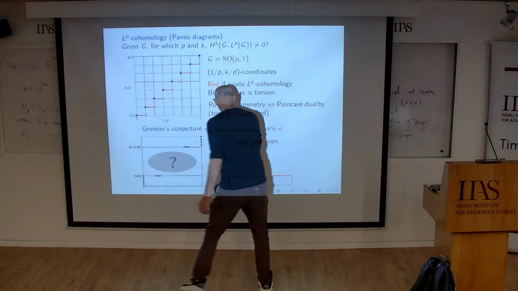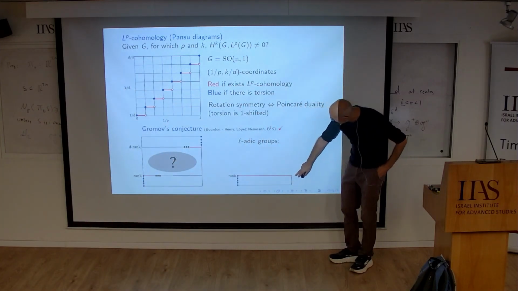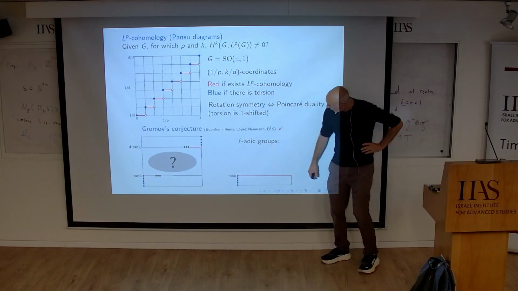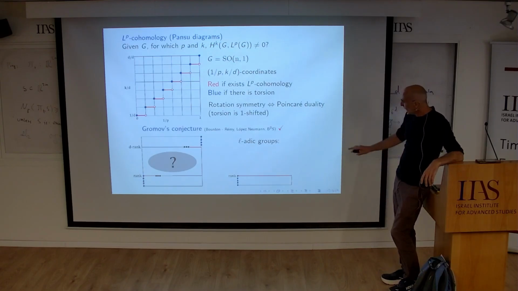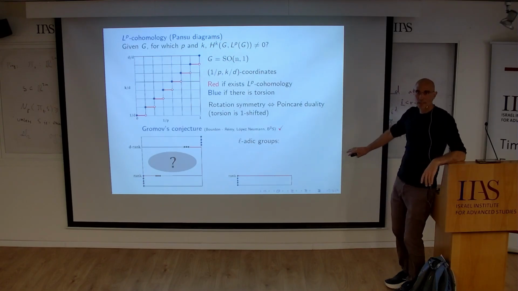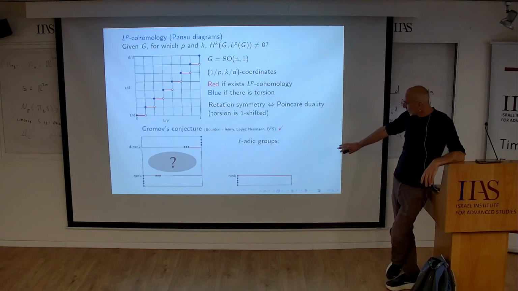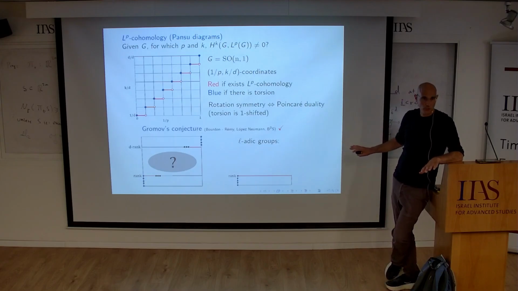This picture over here is the L-adic version, and I'm not using the term p-adic because p is taken. So the p-adic picture is a clear-cut thing. We do not have cohomology below the rank, and we do have cohomology at the rank for all p.